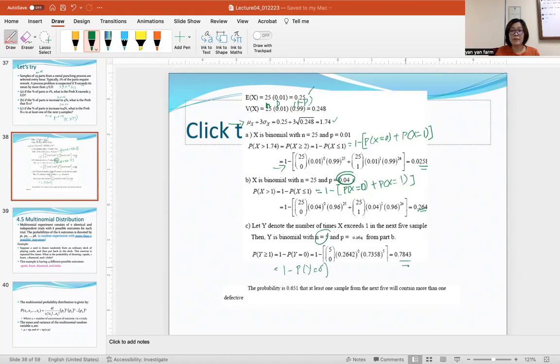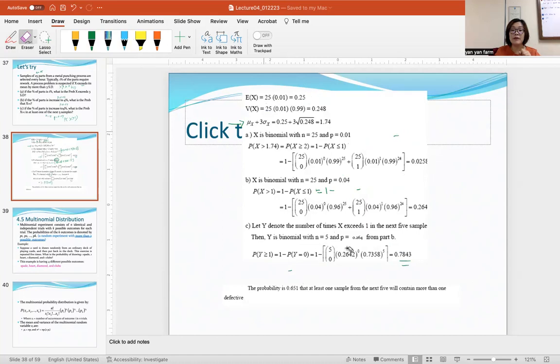And therefore you can get 0.7843. Okay, I know it's a bit too heavy for you, but if you can, have a look again at least 2 times, that will be easier for you to understand and solve this problem.